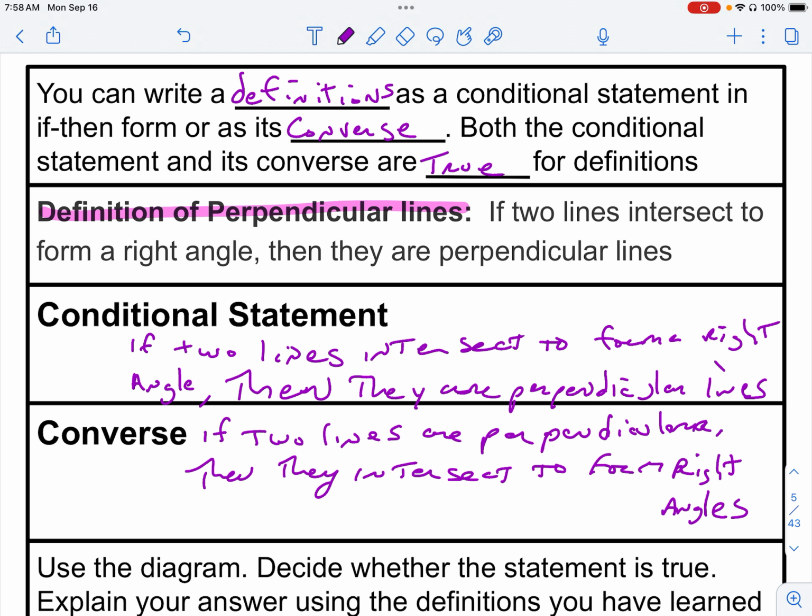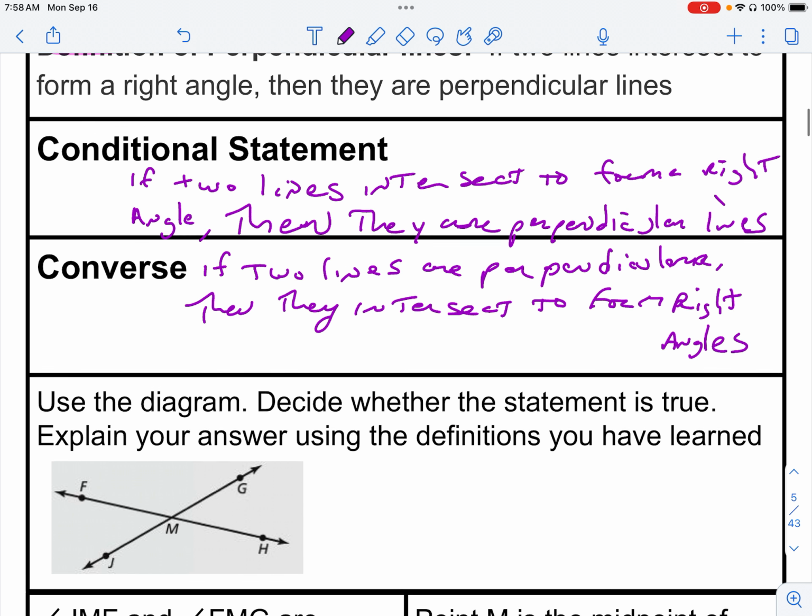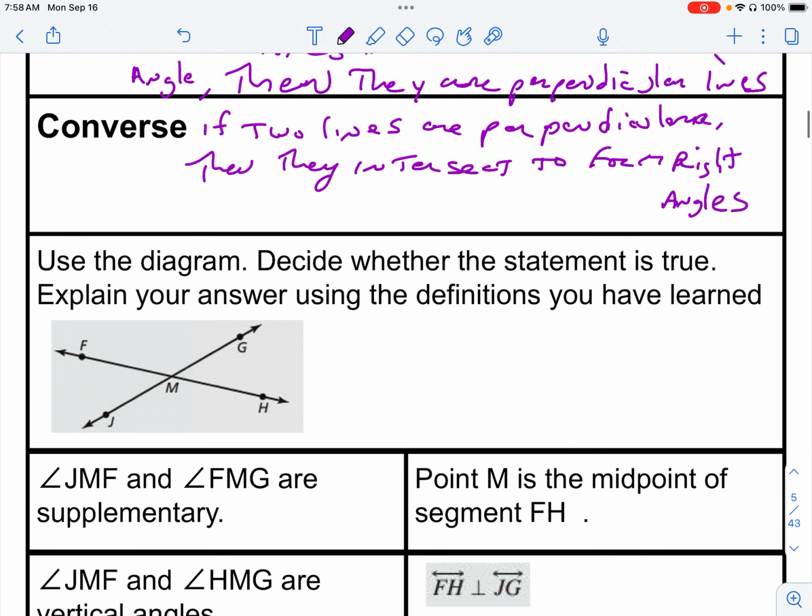This is going to be especially helpful to us as we move along through this section.